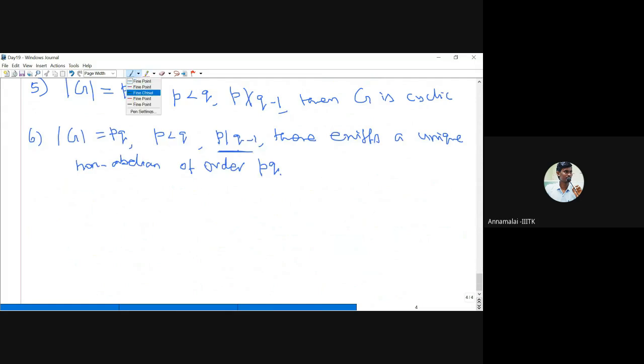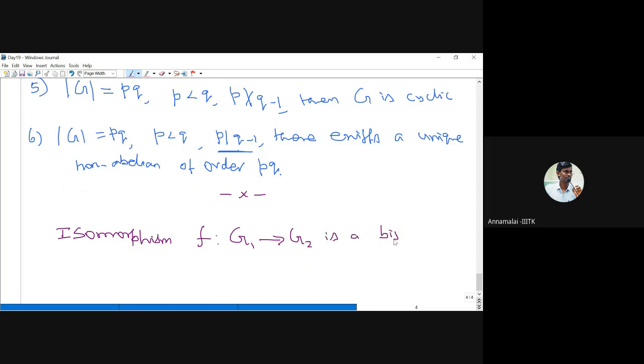An isomorphism is a function from one group to another group that is a homomorphism and also bijective. So an isomorphism f from a group G1 to G2 is a bijective homomorphism.